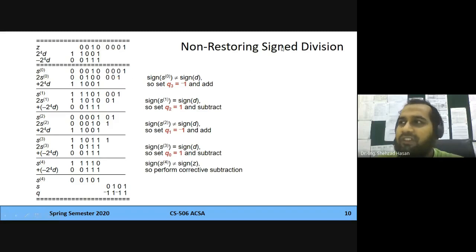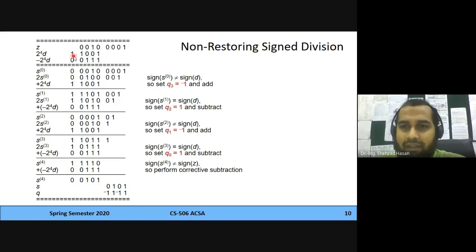When you're talking about signed numbers, what we need to check is whether we can do a subtraction or we need to do an addition, right? We cannot do subtraction in all these steps. So how do we check this? We check whether the sign of this partial remainder is equal to the sign of the divisor.